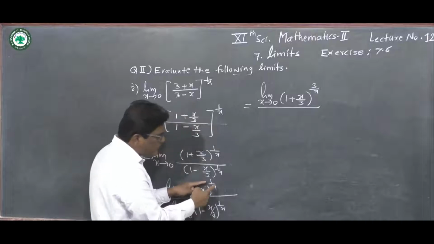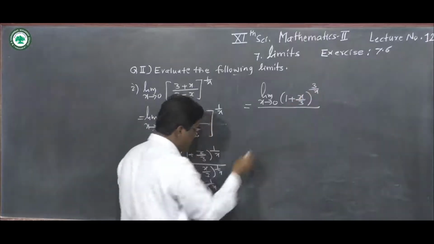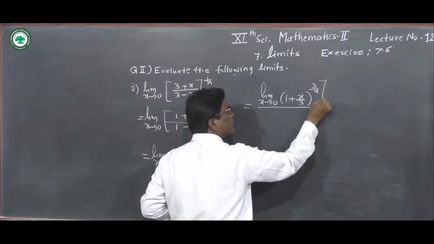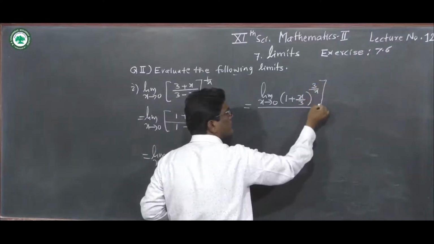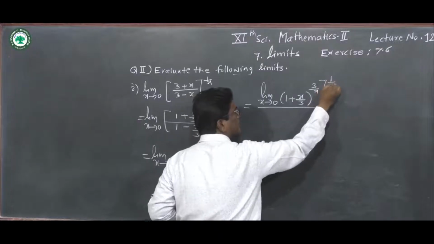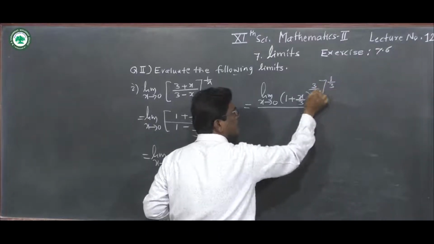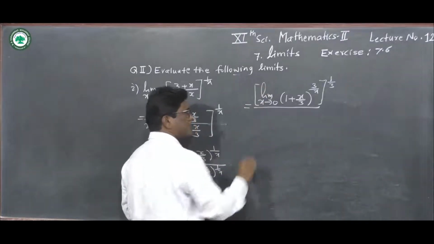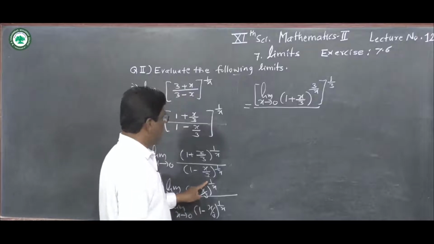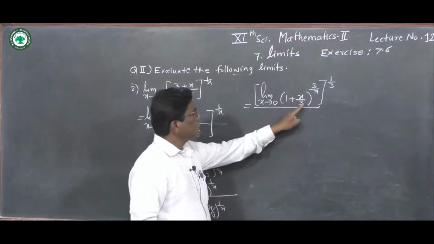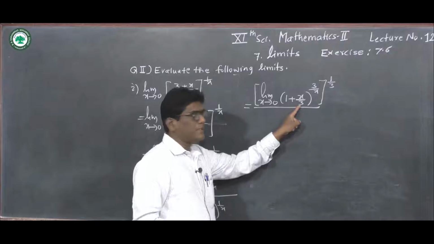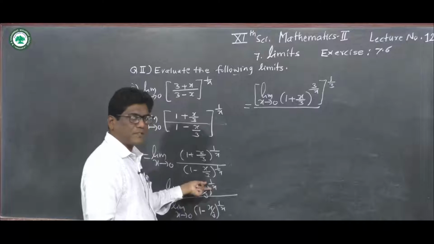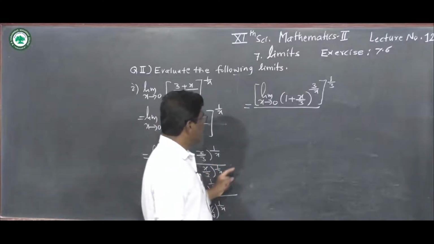But here the power is 1 upon x. Out of that 3 upon x, here 1 upon x is present. Only 3 we adjust. So we have to cancel that 3. So take a square bracket like this, and here take 1 upon 3, so that this 3 and 3 get cancelled and 1 upon x is present. And take the square bracket like this. So remember, whatever may be the number here, take its reciprocal directly as the power, observe that, and adjust the other remaining term.